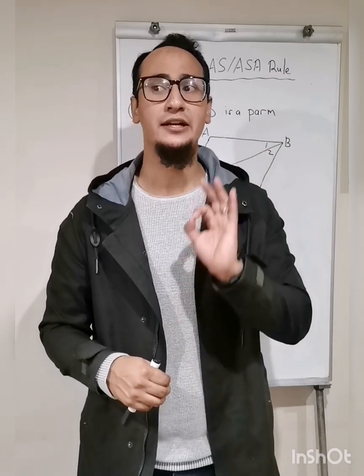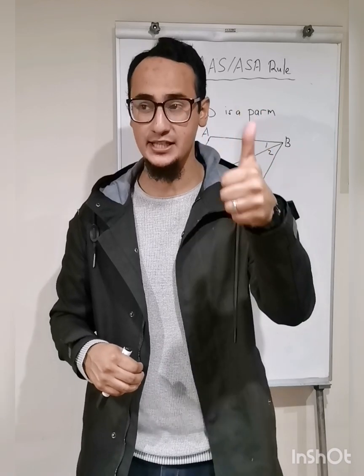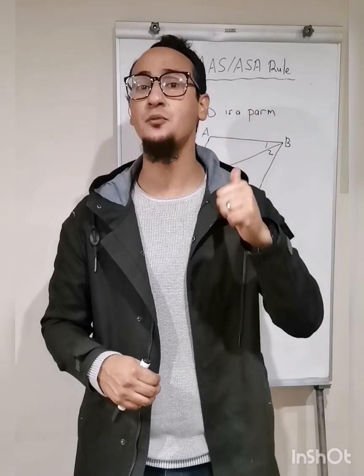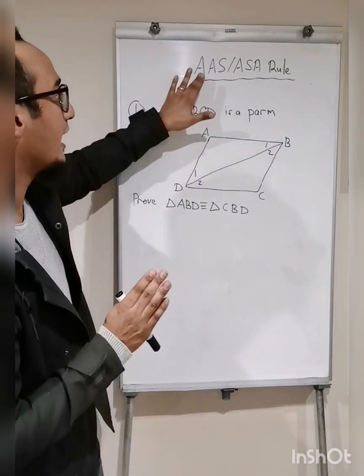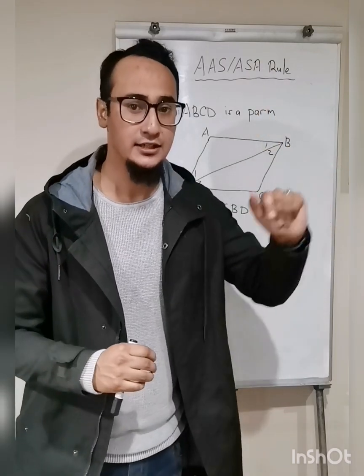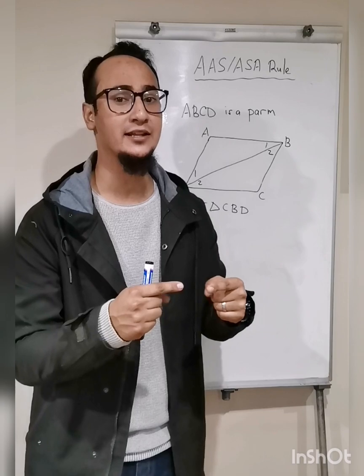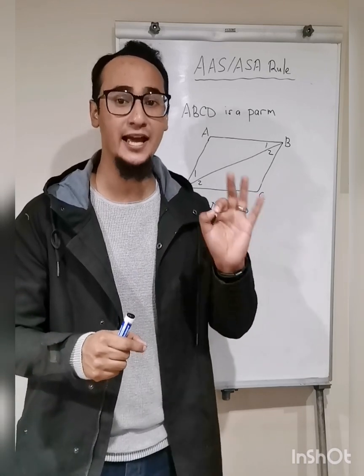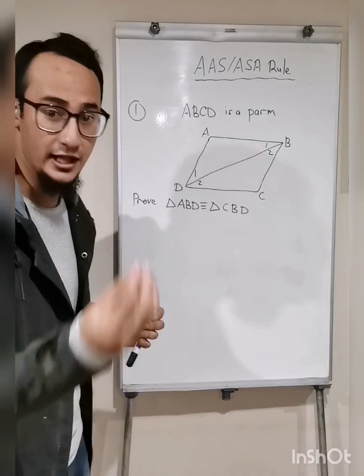Okay, so the next thing I want to tell you is we did two postulates thus far. The first one, side, side, side, and the second one being your side, angle, side. Today we are busy with angle, angle, side, and angle, side, angle. Right, now remember these two can coincide with one another. It all depends on which angle or which side you are looking at first, or you're calculating.